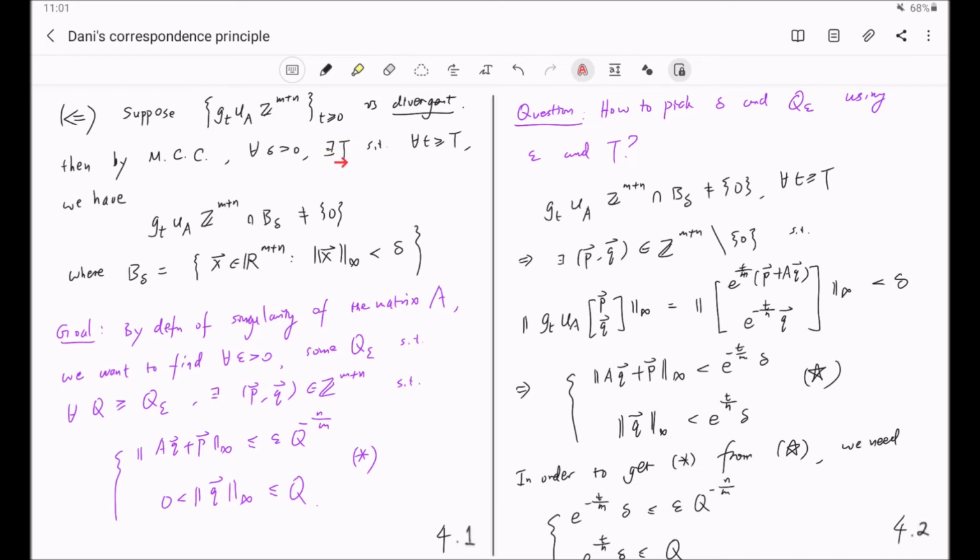So this capital T is already chosen based on delta. Although at this moment, we do not know how exactly we should pick delta. Later we'll determine this. But this T will depend on delta.